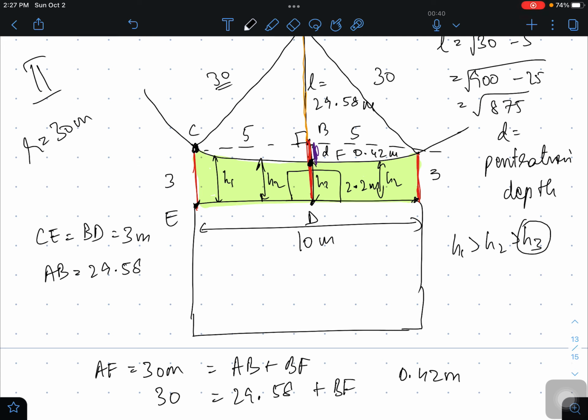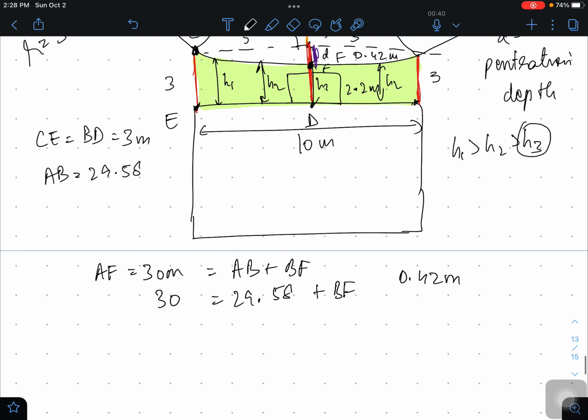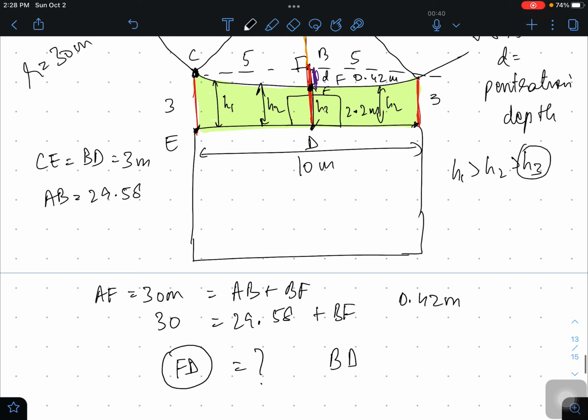So what is the value of FD, which is what you had to find? BD is equal to BF plus FD, and BD is equal to 3 meters, as you know from here, and BF is equal to 0.42 meter.